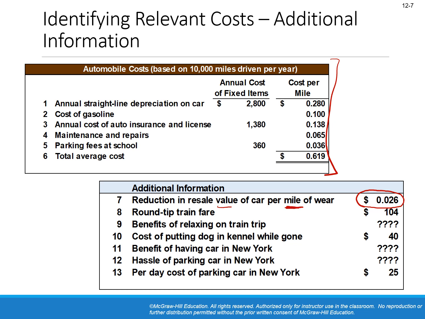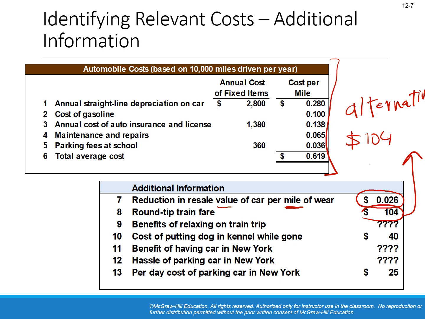Round trip train fare, $104. So this is our alternative. In order to decide whether to take the train or the car, we need to compare the $104, which is the train ticket price, to the estimated cost of using the car.